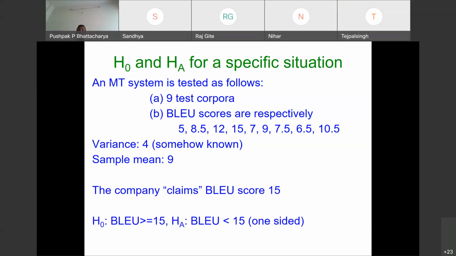So we have a specific situation. This was discussed last year also. An MT system is tested as follows. We have taken 9 test corpora, and here we are allowed to make use of the average. The average BLEU scores are 5, 8.5, 12, 15, 7, 9, 7.5, 6.5, and 10.5.